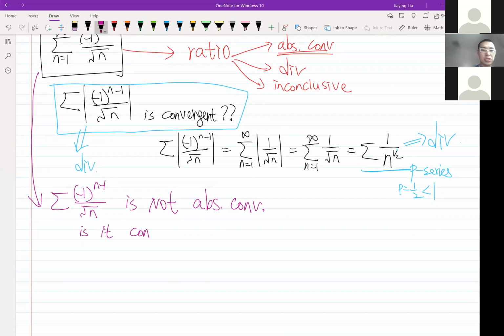Means that, is it convergent? Well, let's find out if it's conditionally convergent. It's an alternating series. So that means we can use alternating series test.